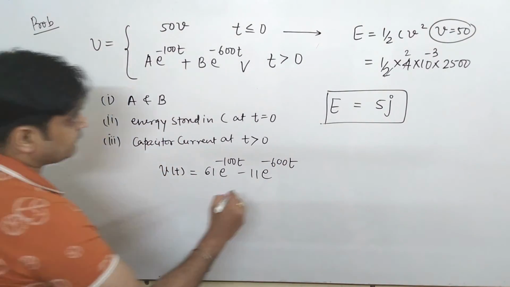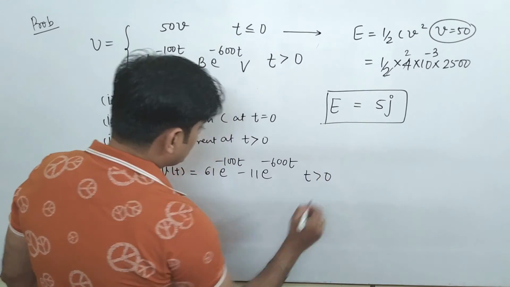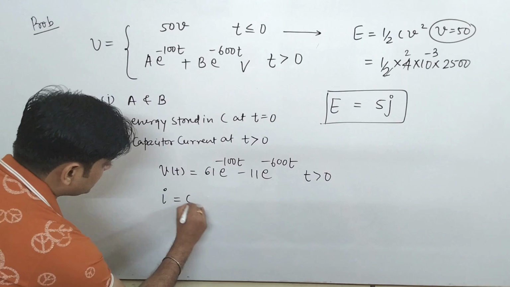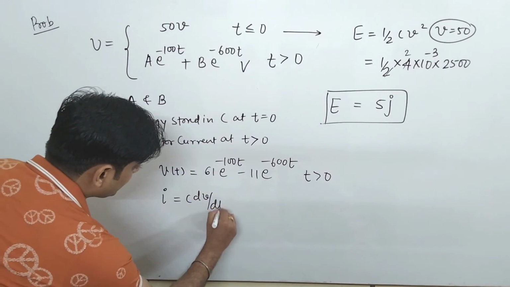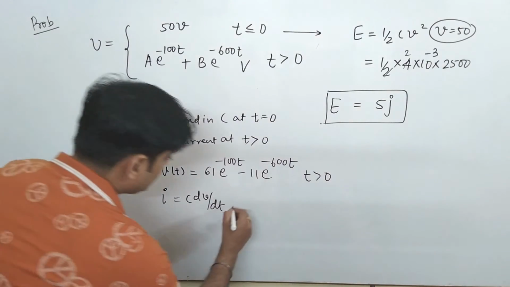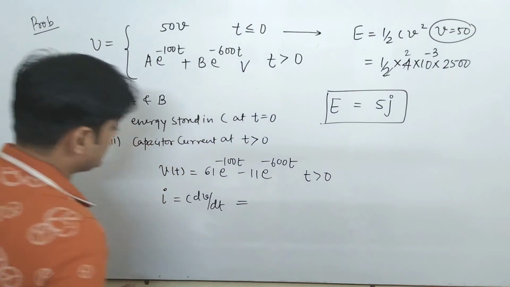This is your Vt for t greater than 0. As you have to find I, I is C dVt by dt. Very simple. Just solve it, so you can get the value of I.